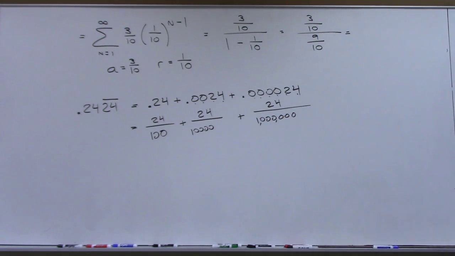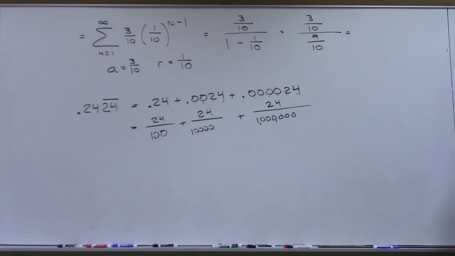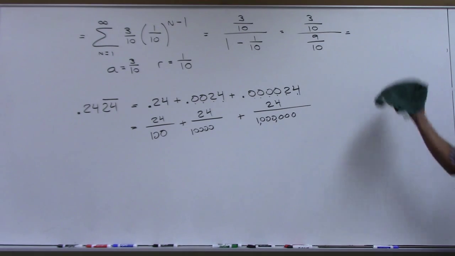That's all I really need to know, right? Let's write those as powers of 10. I think it'll be a little easier if we write those as powers of 10, don't you?